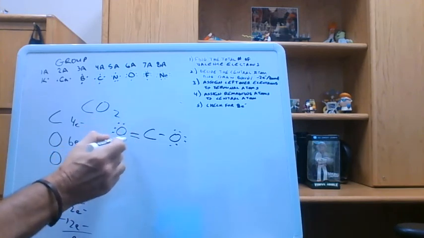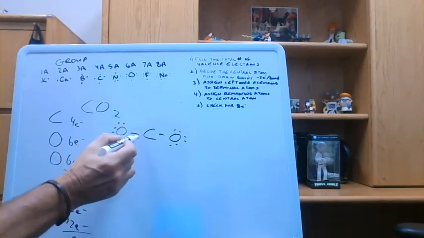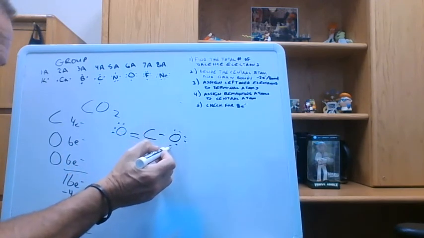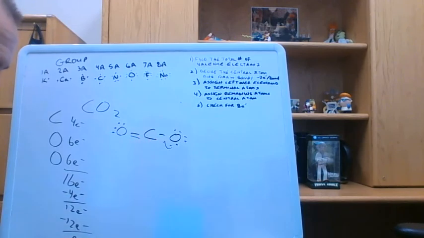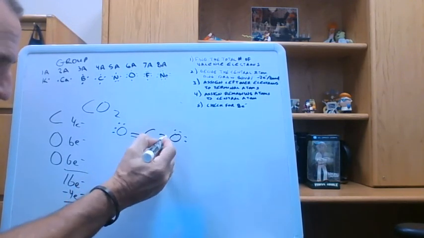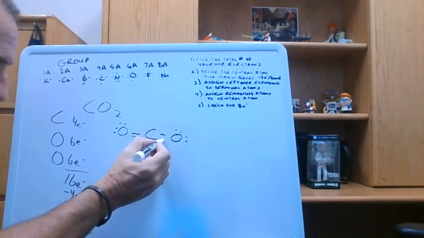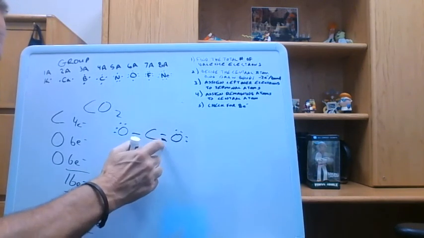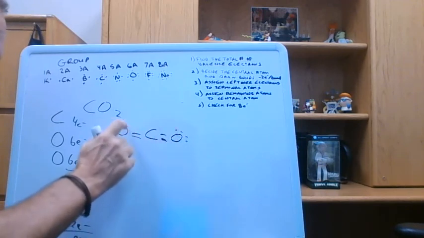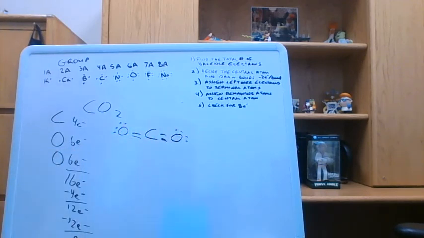Oxygen still sees 8, but now carbon can see them, but carbon can only see 2, 4, 6. So we have to do the same thing over here by moving another pair into this position here. And now we have a double bond here as well. So now carbon sees 2, 4, 6, 8. Oxygen still sees 2, 4, 6, 8. So everybody's happy once we have those 2 double bonds in there.